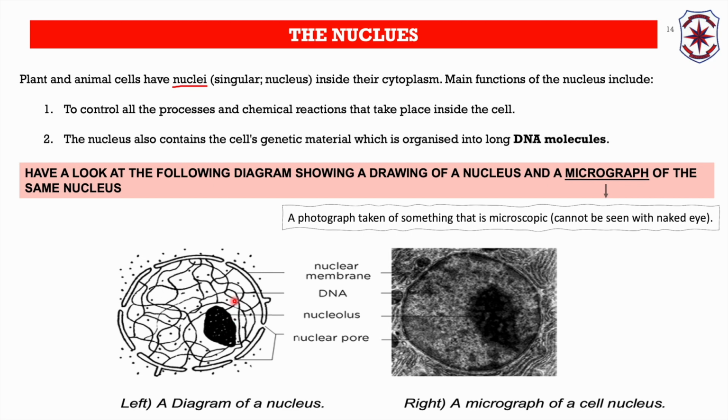So the parts of the nucleus: the nuclear membrane, the nucleopores, the nucleoplasm, which is the water inside the nucleus, strands of DNA or genetic material known as the chromatin, and then the nucleolus. So you need to know how to label these different parts.